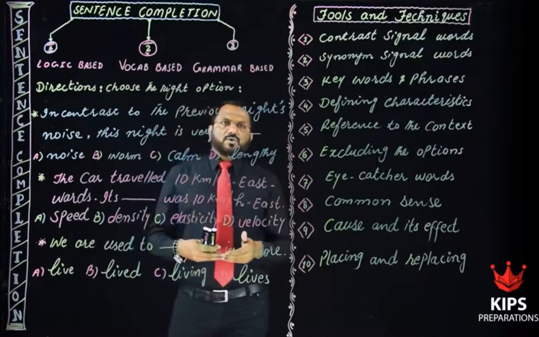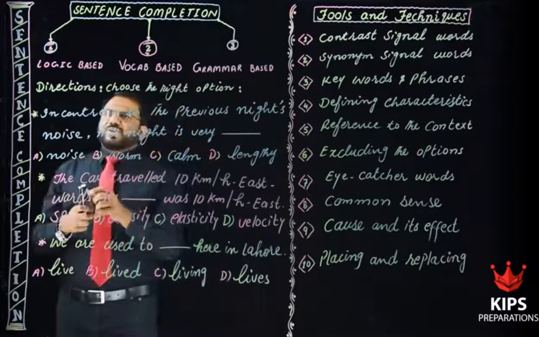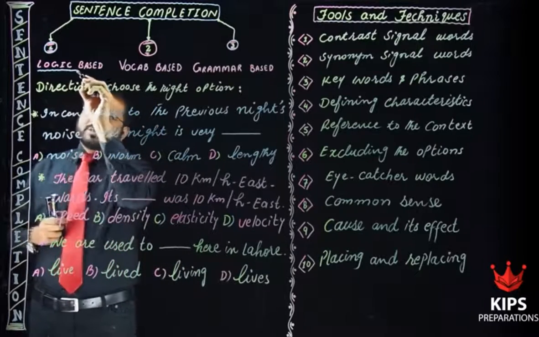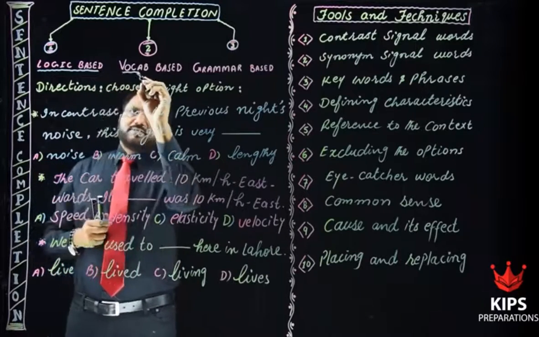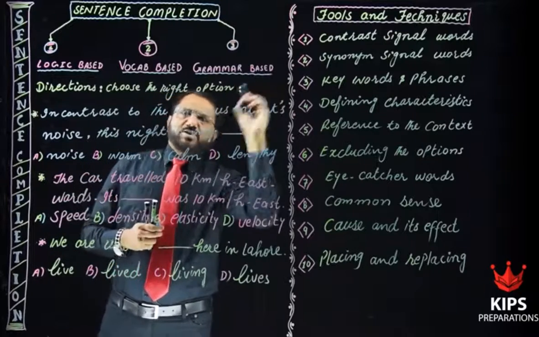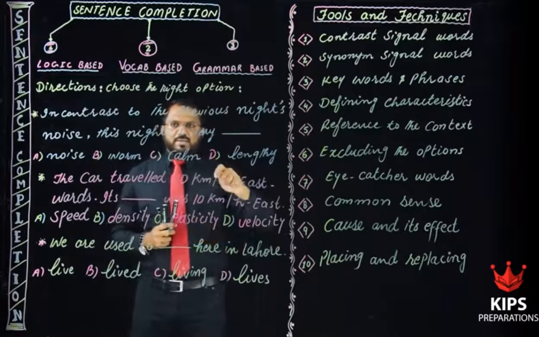That is what I call sentence completion grammar based. So we have three types of sentence completion questions: logic based, vocabulary based, and grammar based. These are three bases on which a sentence is left blank.